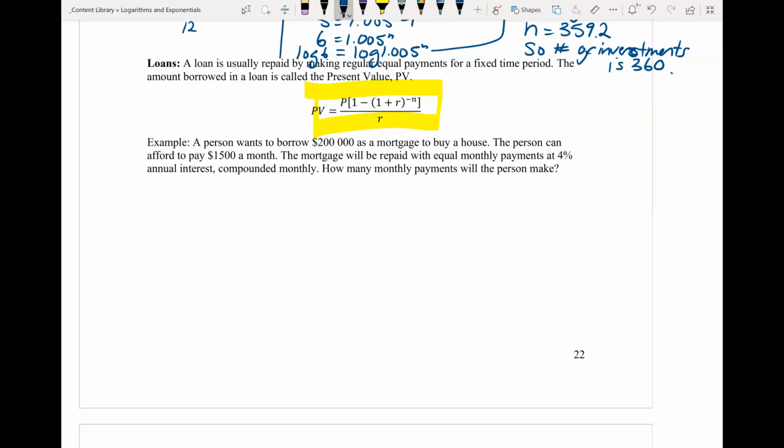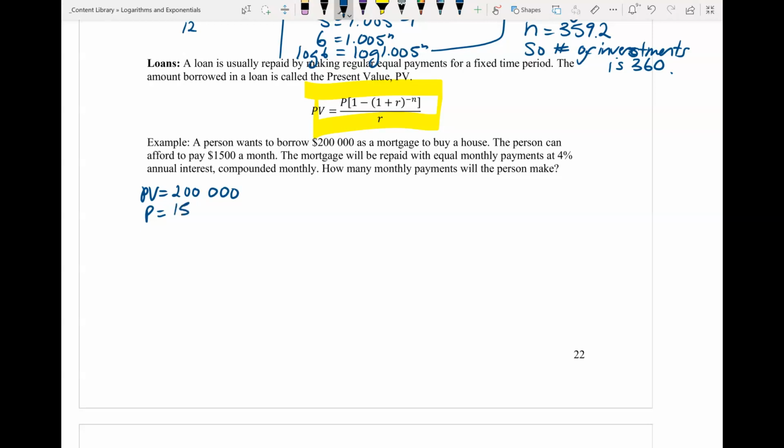So on the side here, I'm going to write out all the information we do know. So your present value, this is the amount borrowed in a loan, is $200,000. Our principal amount in this case is how much we are going to pay each month.